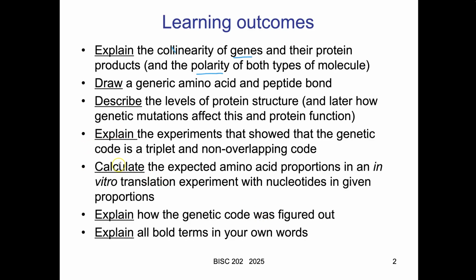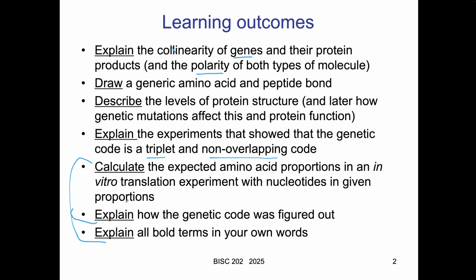The experiments that show that the genetic code is a triplet and how we know it's a non-overlapping code. These two relate to just how the genetic code was unraveled. How was it interpreted?